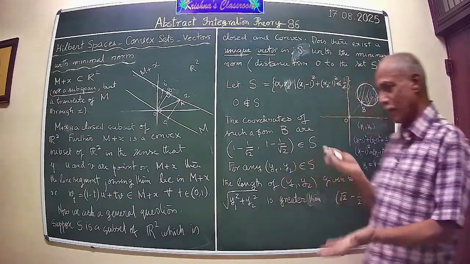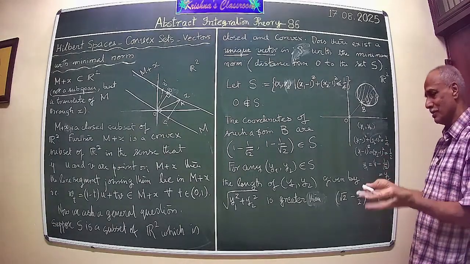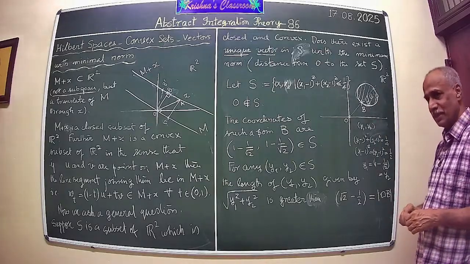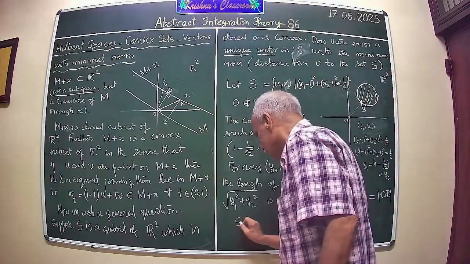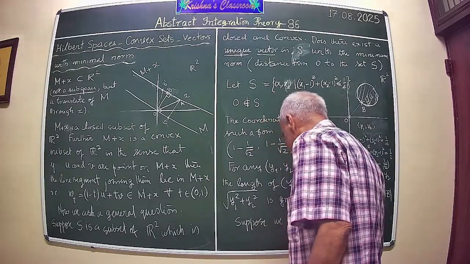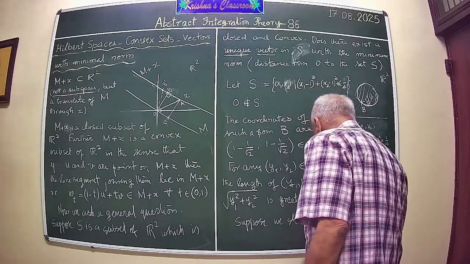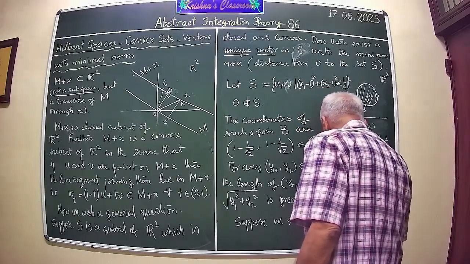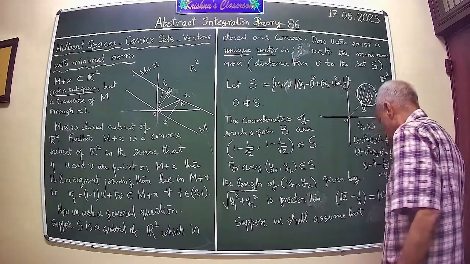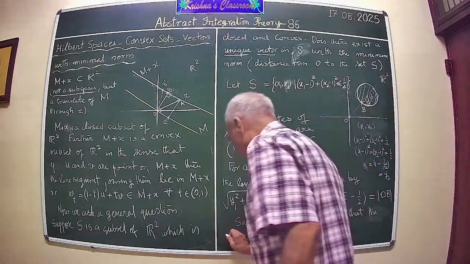Now we start tampering with these conditions. Suppose we drop the condition that S is closed. Given set S is not closed.